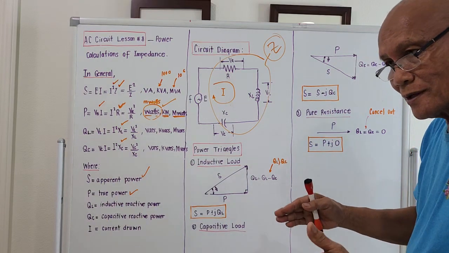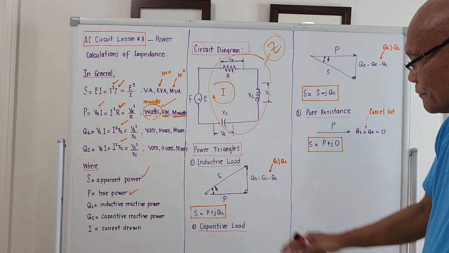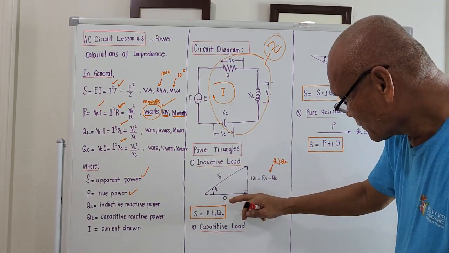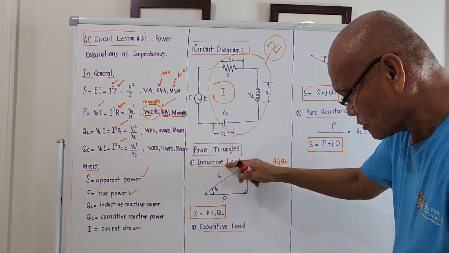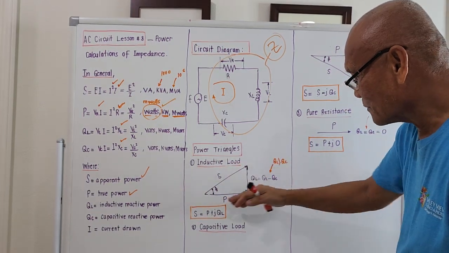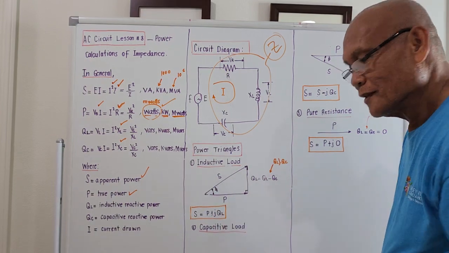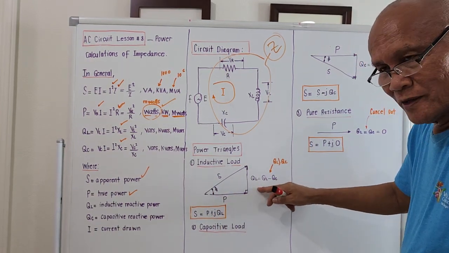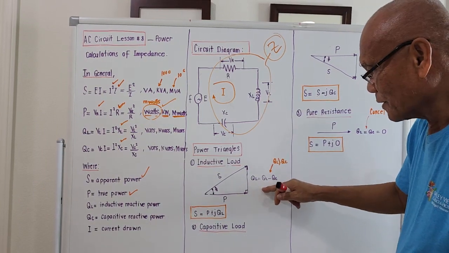Use your Pythagorean principle, right? S will be the sum of the squares of this plus the square of this, then take the square root. You cannot just add P with Q algebraically because this is a real true power and this is an imaginary reactive power.